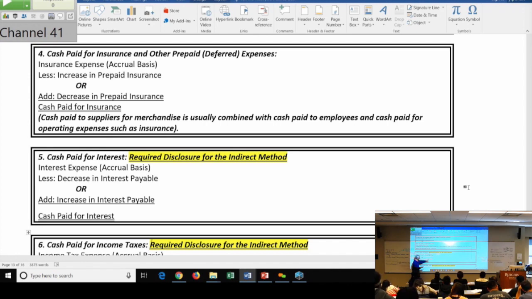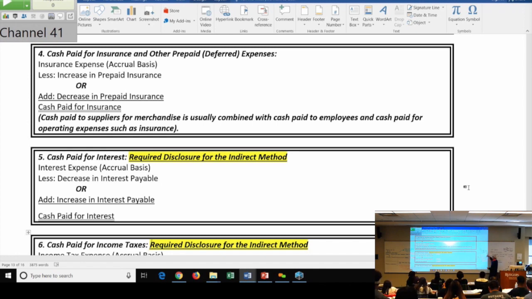Notice the increase in interest payable is added. And that's going to be for 200, and what that will do is get me to the outflow of 300.